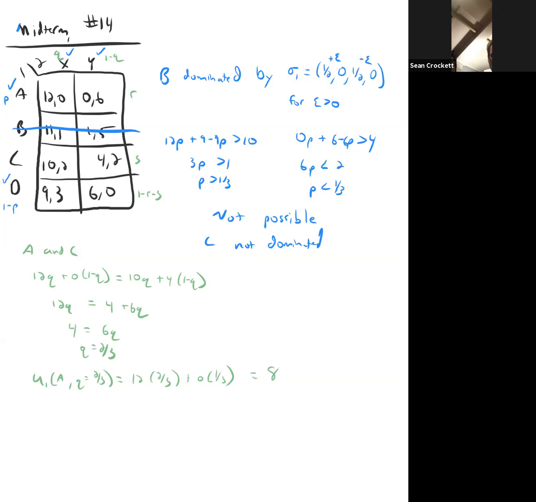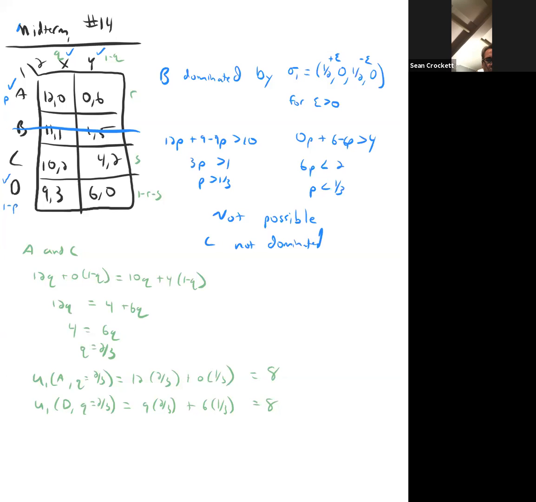And we know the utility of C must equal 8. That's how we solved for Q in the first place. The utility for player 1 of playing D, when Q equals 2/3, is 9 times 2/3 plus 6 times 1/3, which is also equal to 8. So player 1 is indifferent between A, C, and D when Q equals 2/3.